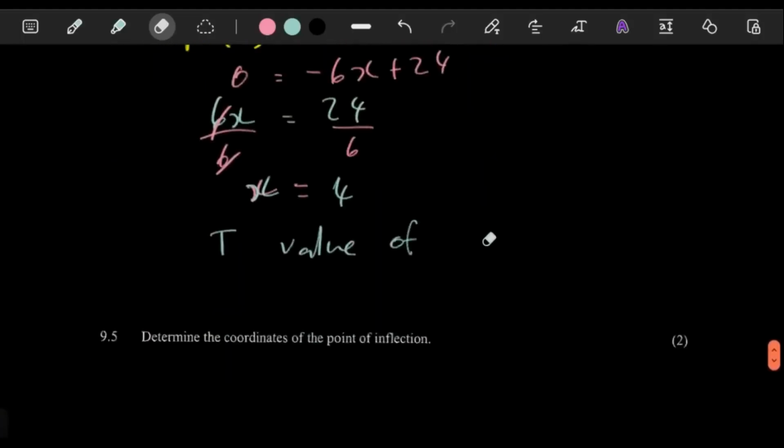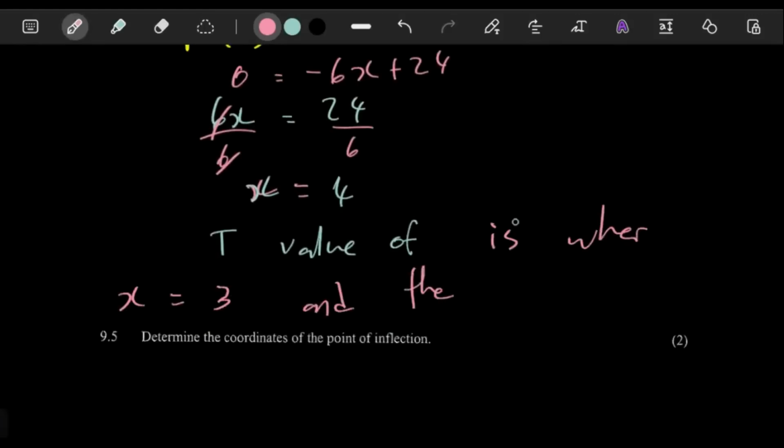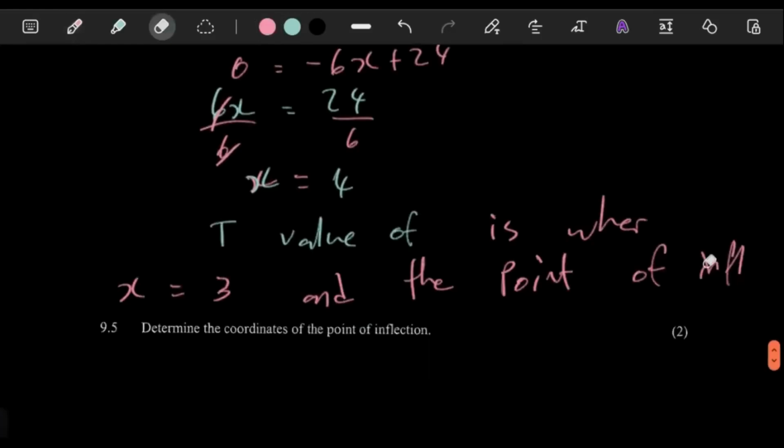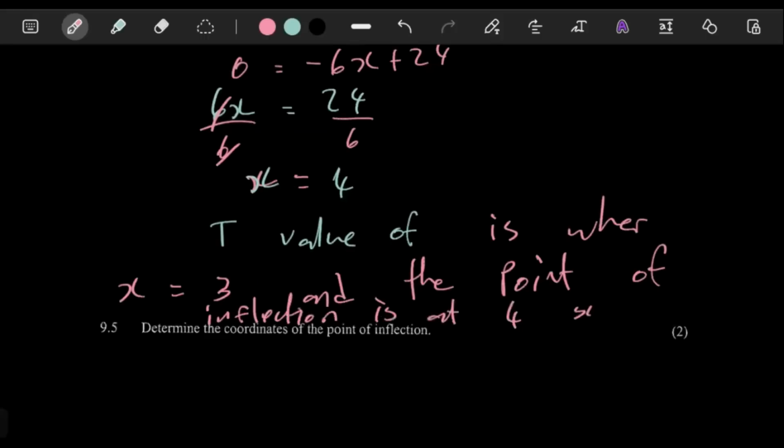The value of t is where x is equal to 3, and the point of inflection is at 4.